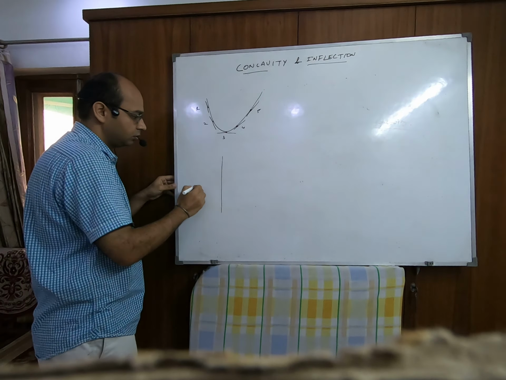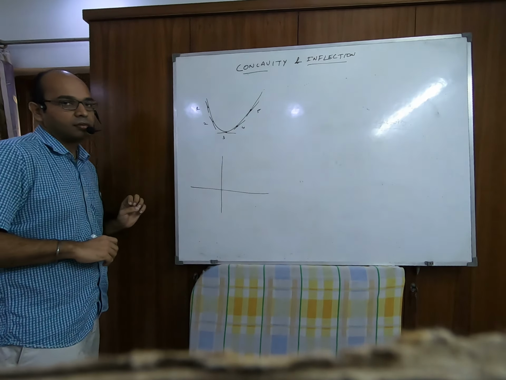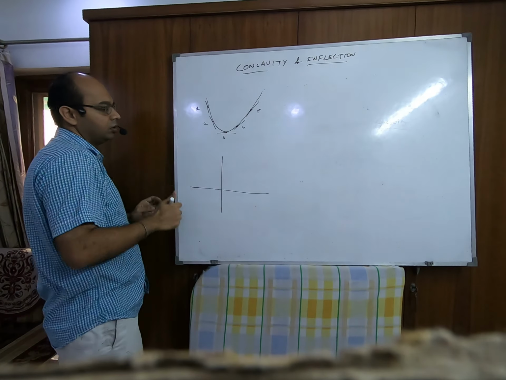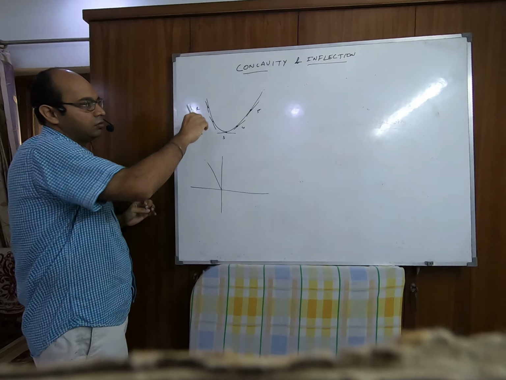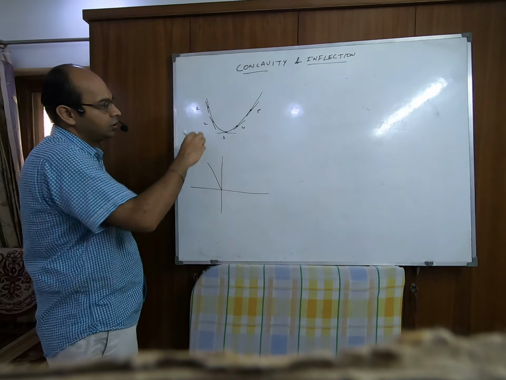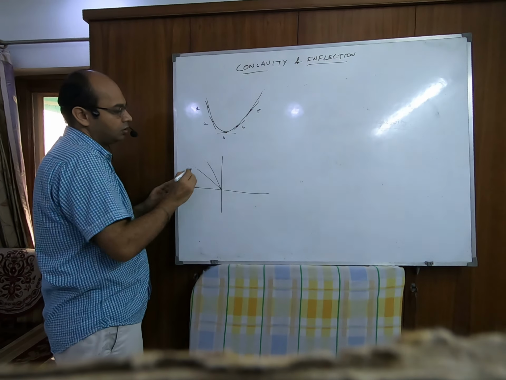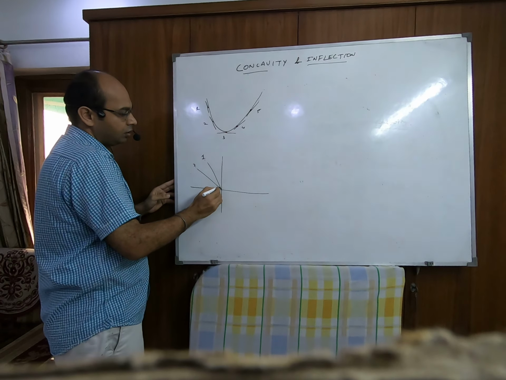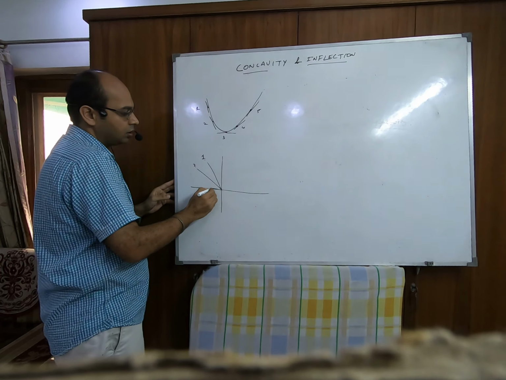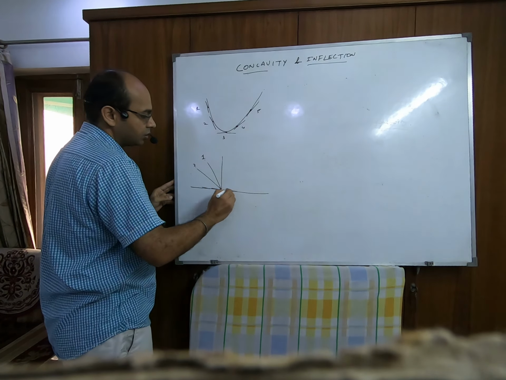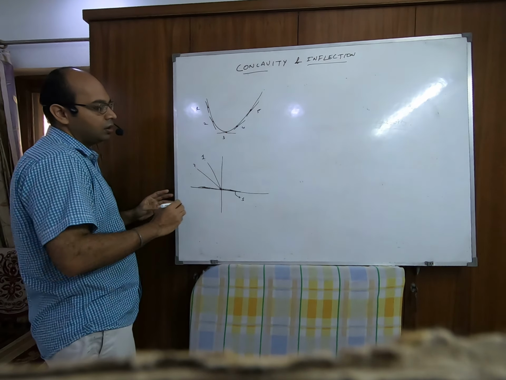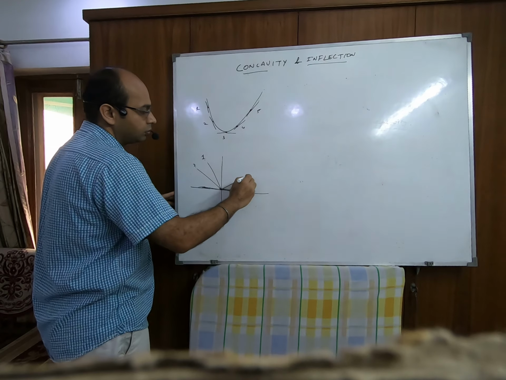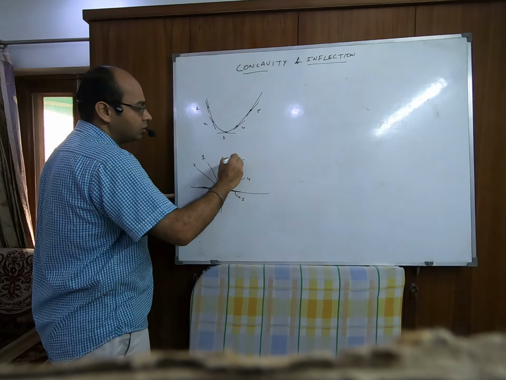Starting with 1, it is on the negative side and most steep. Second is this, then your third is in this case parallel to the x-axis. Then comes your fourth and then comes your fifth.